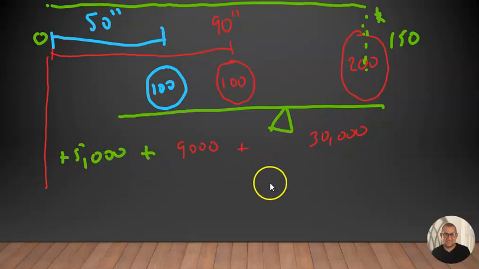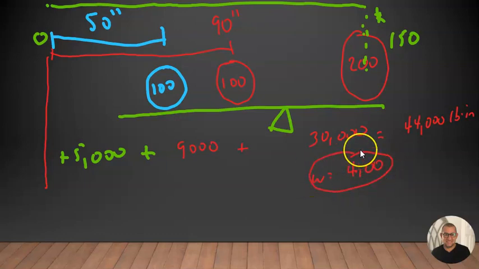So if we add these all up, our total moment is 44,000 pound inches. And our total weight is, we have 4 balls, 100, 100, 200, that's 400 pounds. So our total weight equals 400 pounds.